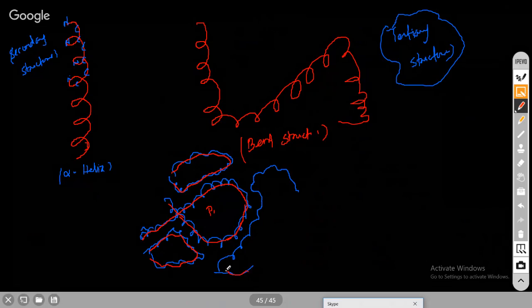Anything I can draw. So it is a random structure. So you see, this is P1, this is suppose P2, this is suppose P3, this is P4. Like this, one protein structure is surrounded by many other different proteins, right? Because of some electronegative difference, we'll have some positive and negative charge centers here, and then we'll have some interaction.